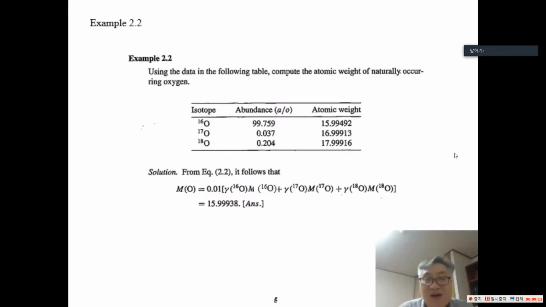So this is the atomic weight of oxygen. So when we get this number, we accounted for the abundance of an isotope as well.